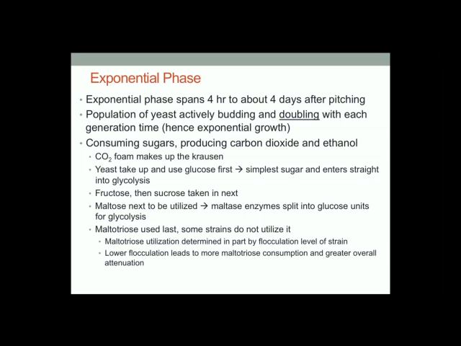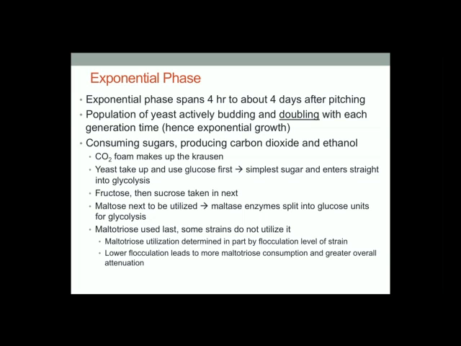And maltose in most worts is the most abundant type of sugar, but because it takes a few extra steps to be used, it is not utilized first. So when the maltose is utilized, the enzyme maltase will split it into glucose units in the cell. It also has to be imported, and so the maltose permease enzyme or transport protein is what brings that in.